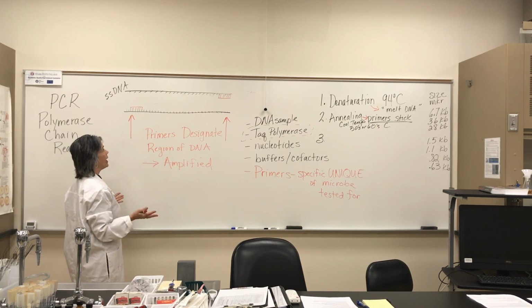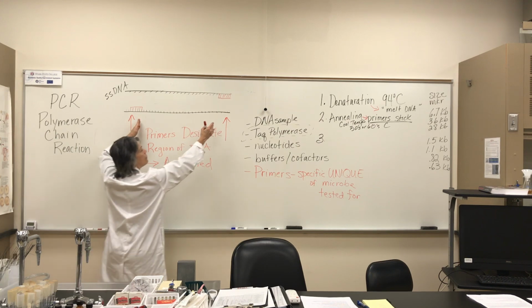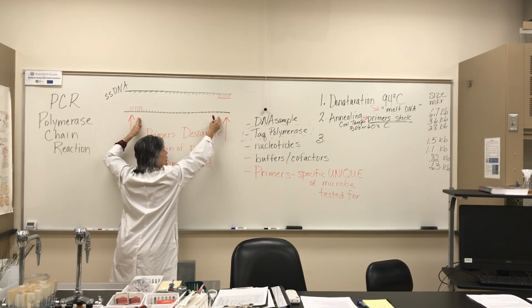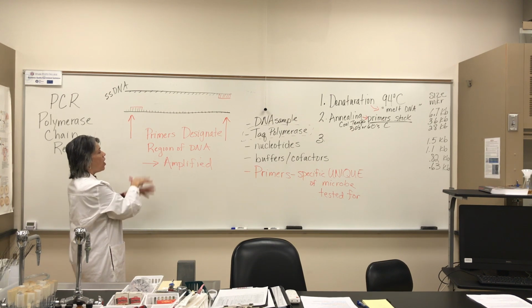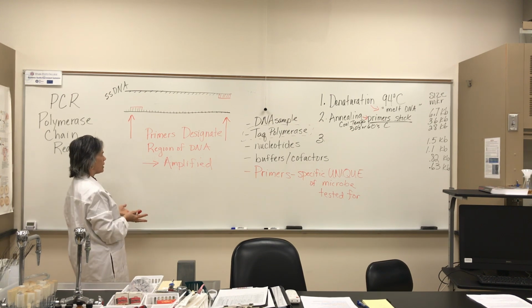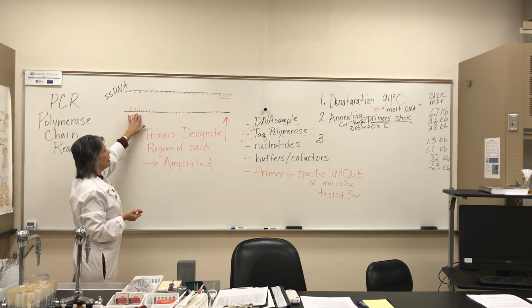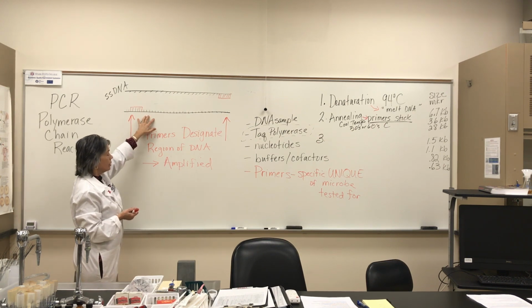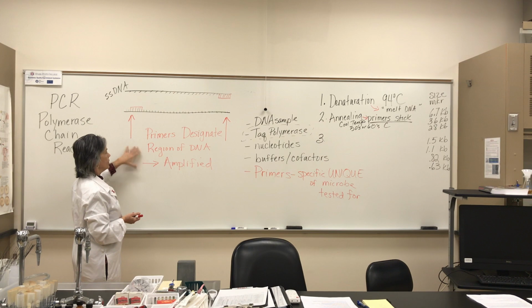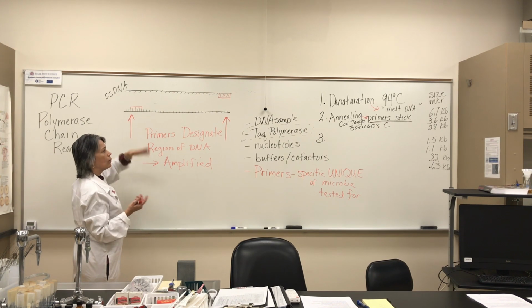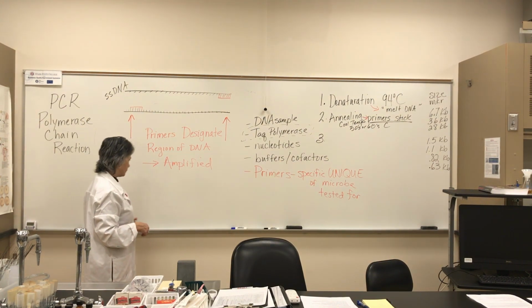The PCR reaction can specifically amplify a small region of DNA in this DNA sample, which has all kinds of DNA and multiple copies of it. So that's why I call it magic. You can make primers for a specific region, then you can use PCR. All right? So the primers have bound. Now we'll go on to step 3.